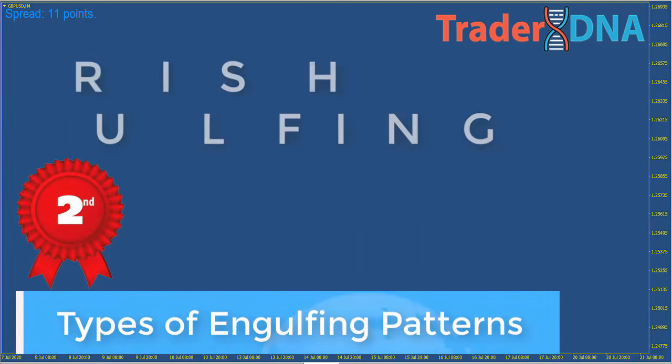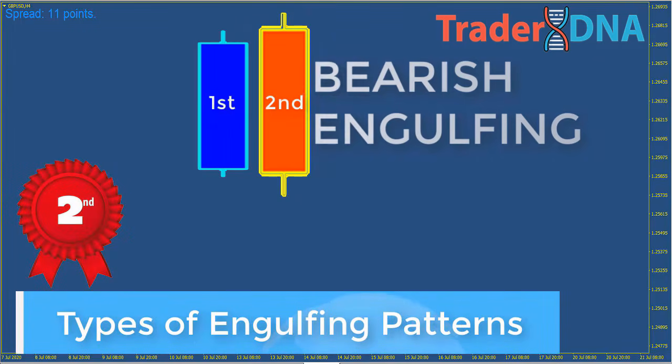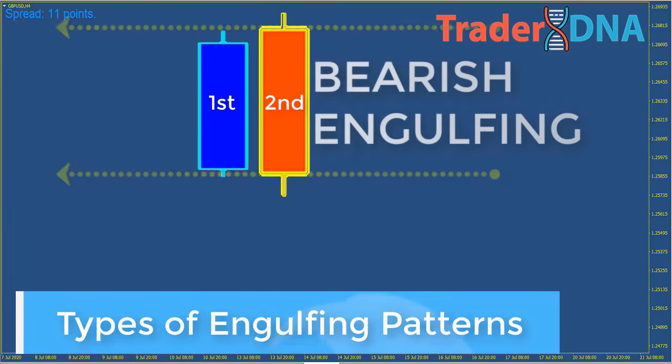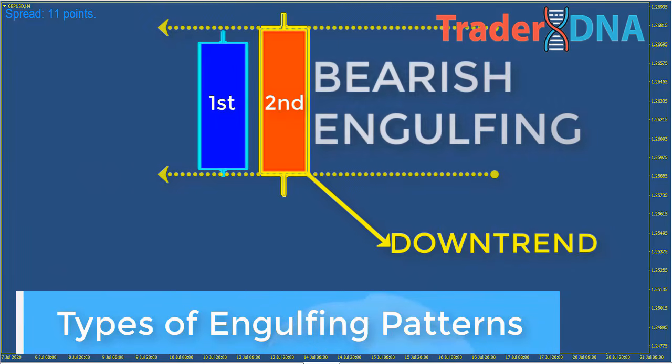Second, bearish engulfing pattern. The bearish engulfing pattern is simply the opposite of the bullish pattern. The bearish engulfing candle often triggers a reversal of an existing trend as more sellers enter the market and drive prices down further. The pattern involves two candles with the second down candle completely engulfing the body of the previous up candle. Interpretation.